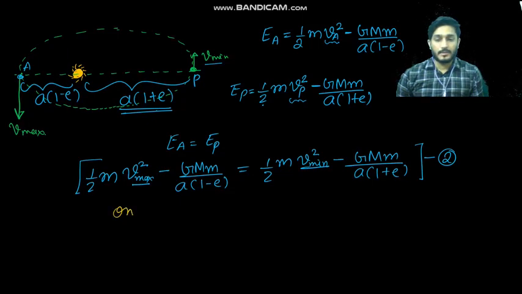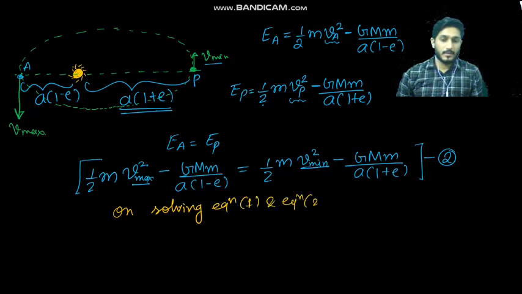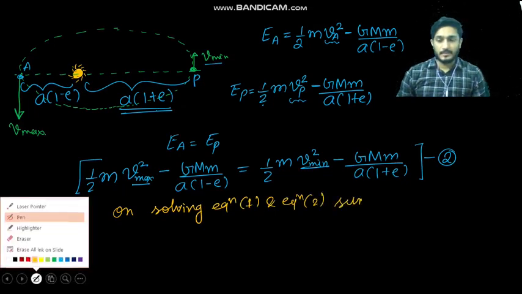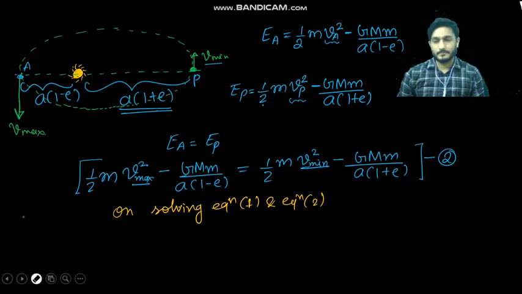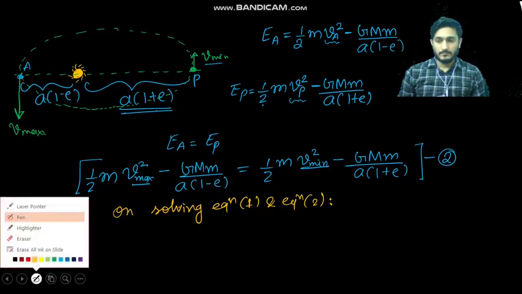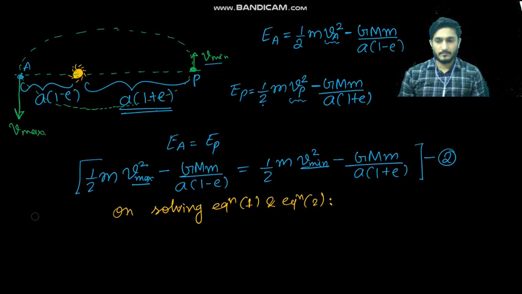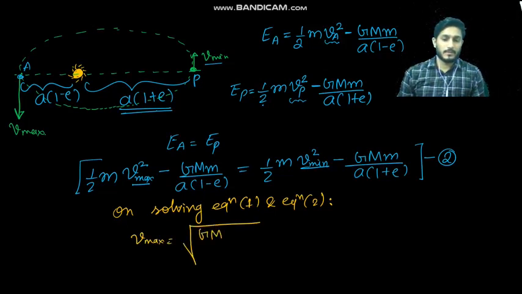So, on solving equation 1 and equation 2 simultaneously, or by substitution, we get vmax equals under root of GM by a times 1 plus e upon 1 minus e.